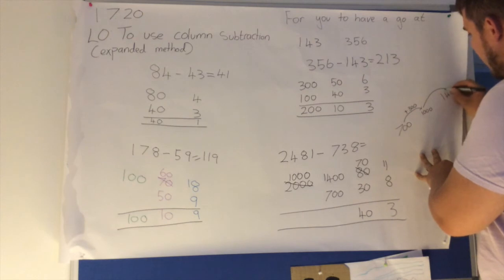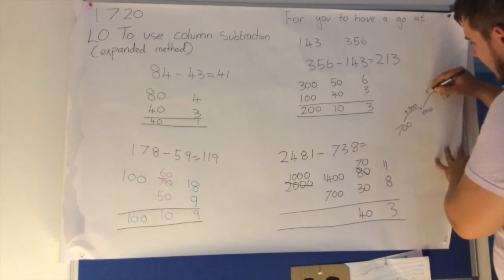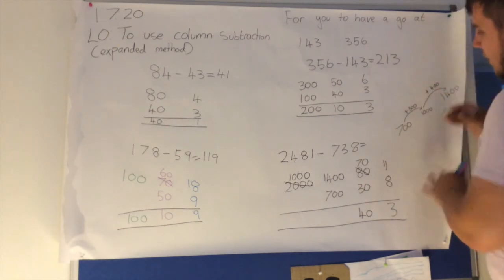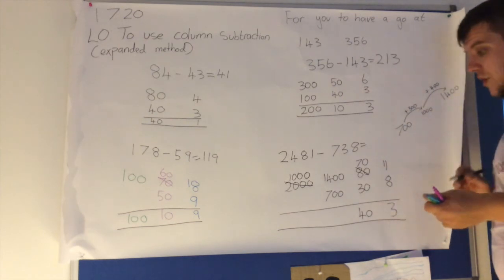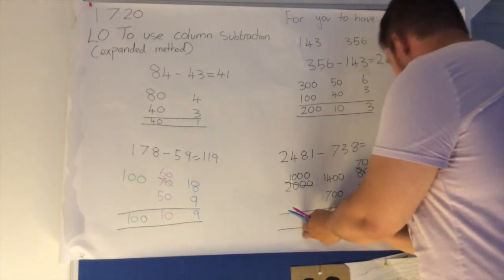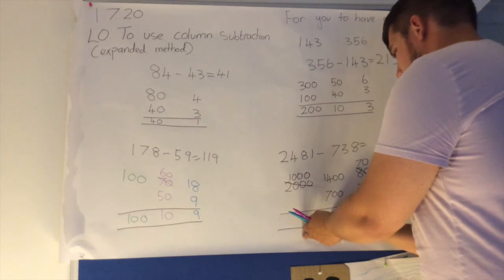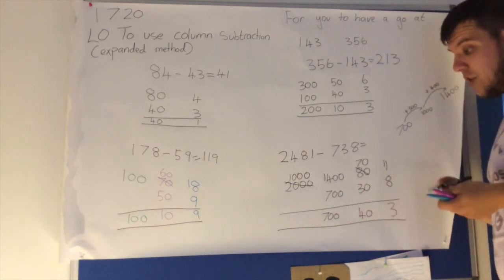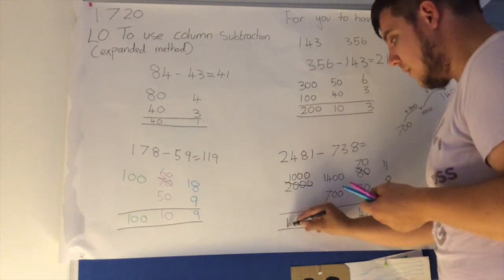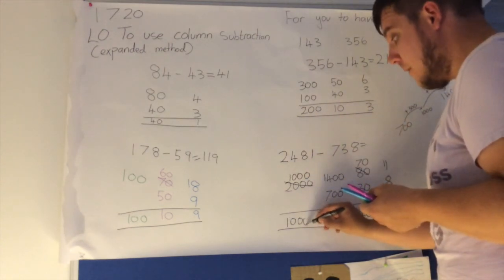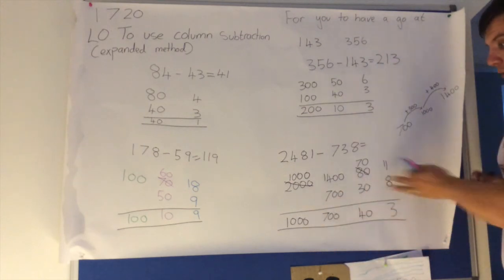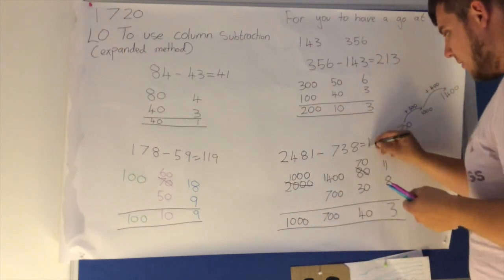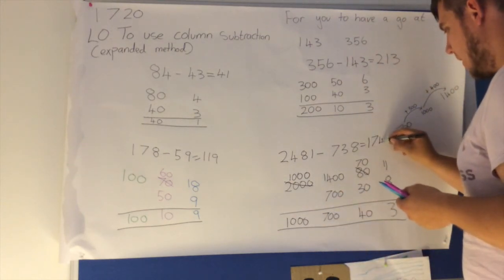And then to get to 1,400, I'm adding 400. So my numbers there, 300 add 400 is 700. So 1,400 take away 700 must be 700. And then I've got 1,000 take away nothing. 1,000. Okay, so I recombine those all together. I've got 1,743.